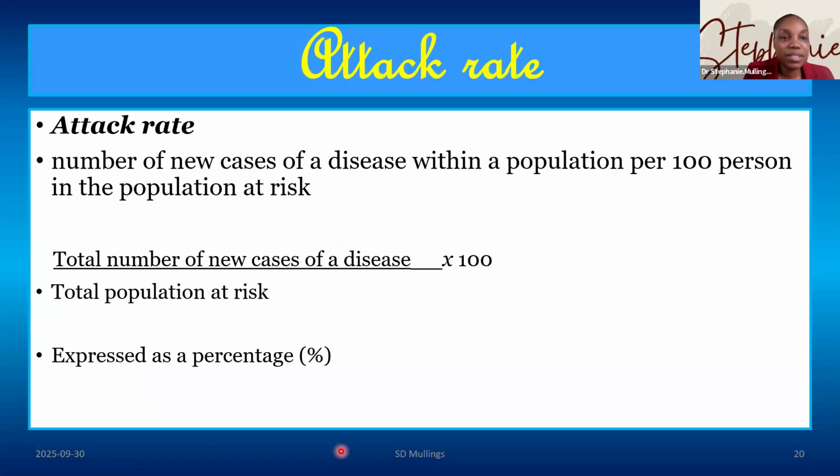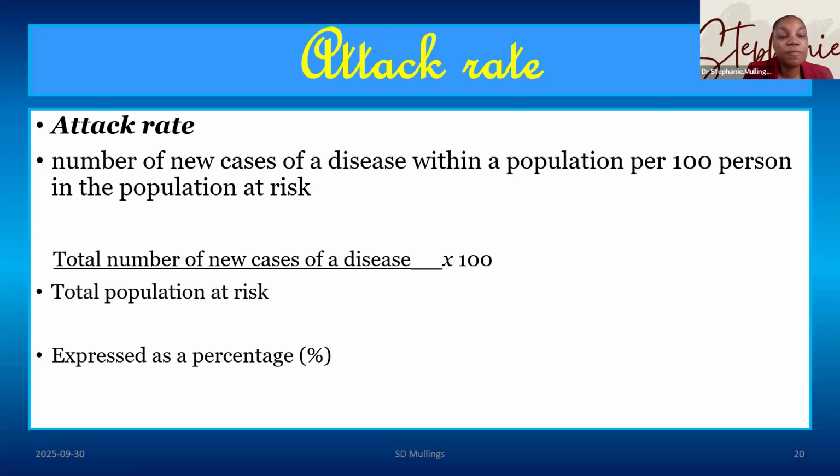Then we have attack rate, and this is many times used when we have an epidemic. We are calculating the number of persons, new cases within a particular population per the total number of persons who are at risk for the disease. So if you're not at risk for the disease, then more than likely we would not have you in the denominator.